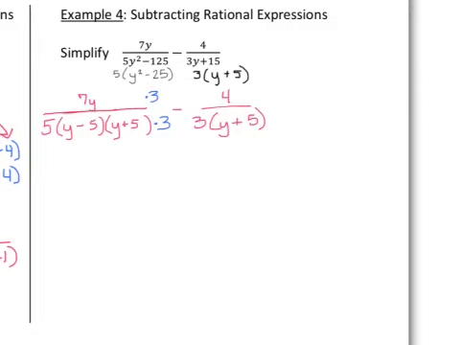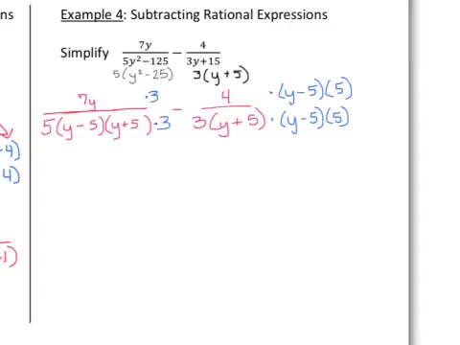What does the first one have that the second one's missing? You also have y minus 5, and then there's something else too. 5. Oh, 5 too. All right, so we have to do all that.